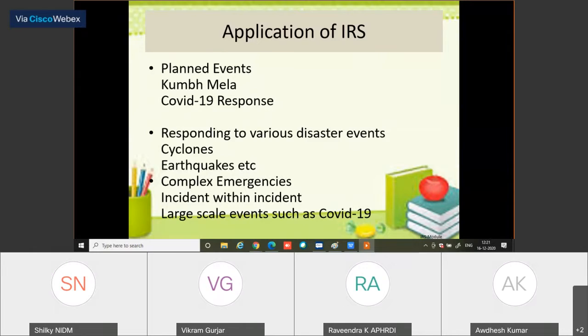One individual can supervise, can lead more than one, but every organization unit has to remain active. So clubbing or combining of units is not permissible in IRS.